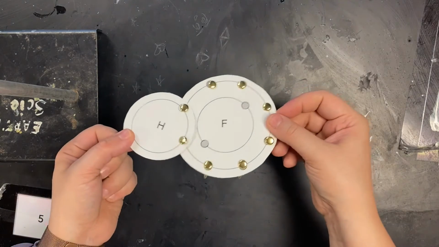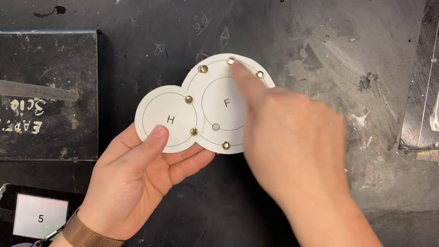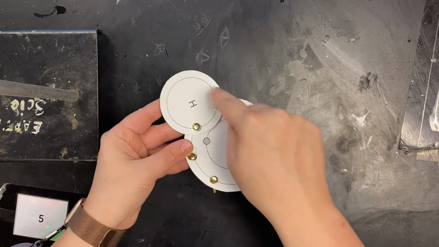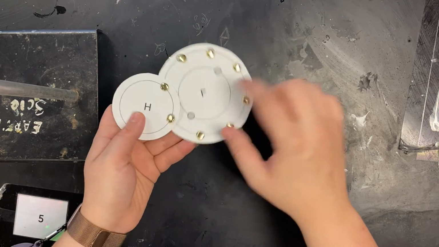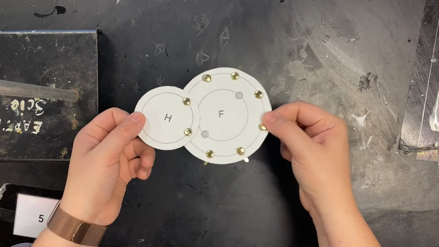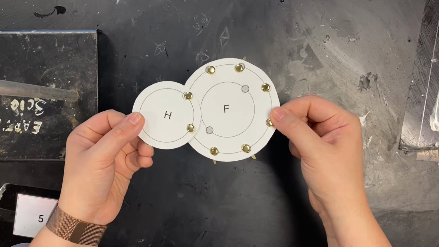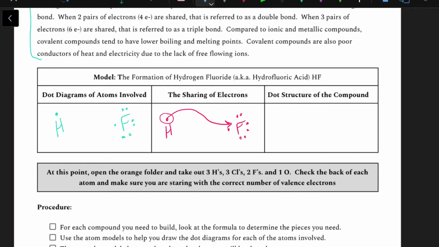And there you have these two bonded together. F now has that full valence shell, H has that full valence shell, and they're sharing 2 electrons, or 1 pair. And so, once you've formed it with your pieces, you'll be able to then draw the dot structure based on that much easier.